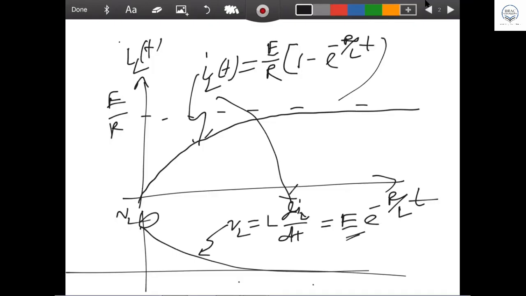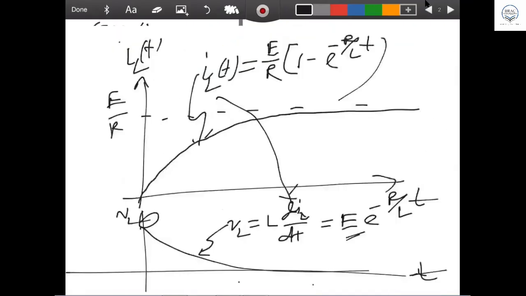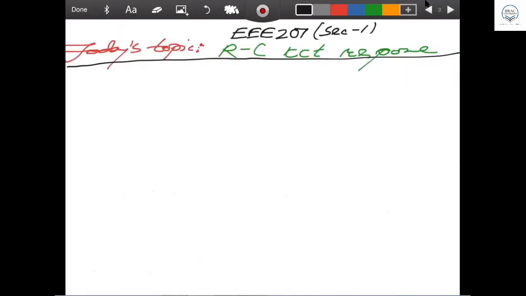Now, based on this knowledge, today we are going to solve an example, similar to what I just showed you. And after that, we are going to start our next class on the RC circuit response. That is today's class.